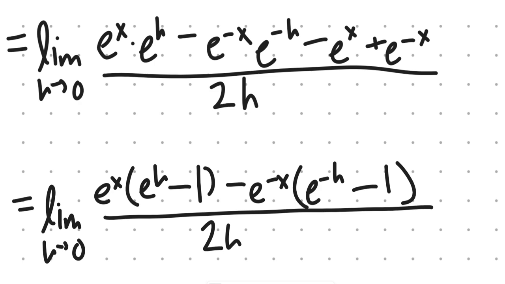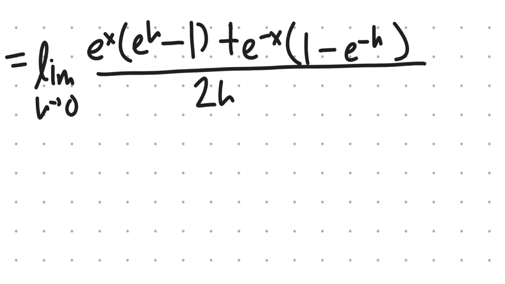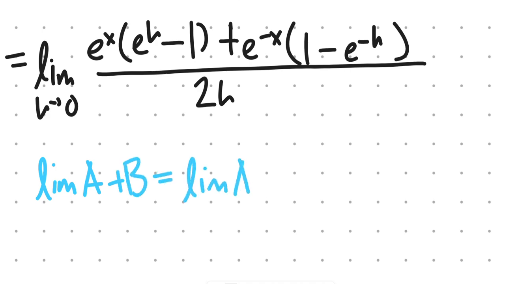Now, I would rather use a positive here, so we distribute the negative into our parentheses, which swaps the 1 and the e to the negative h. And now we have an addition. We can still use the limit rule that the limit of a plus b is equal to the limit of a plus the limit of b. So we use this fact to split those things up.